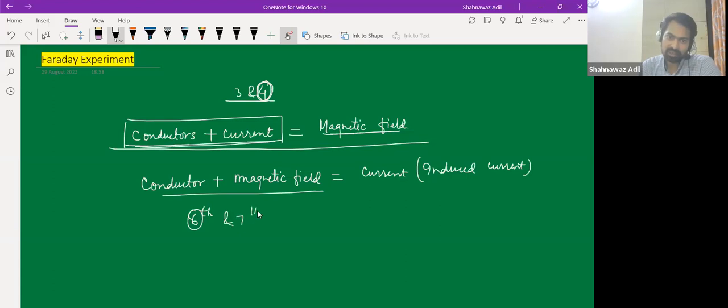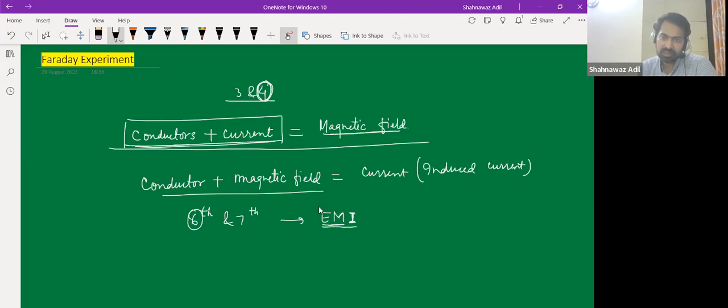This chapter, and the next chapter as well, is about electromagnetic induction. When we have a magnetic field, then we will have some induction, right? Some voltage or EMF will be induced, and due to that, some induced electric current would be there.